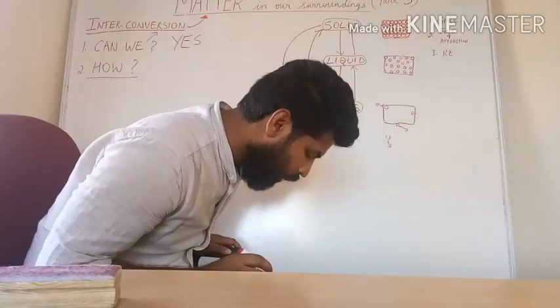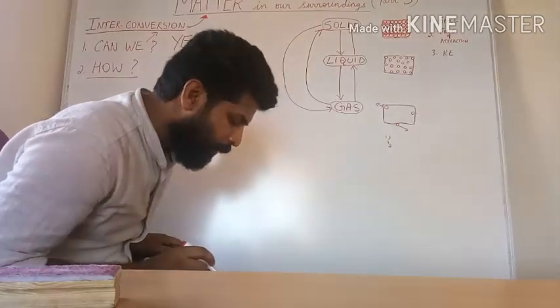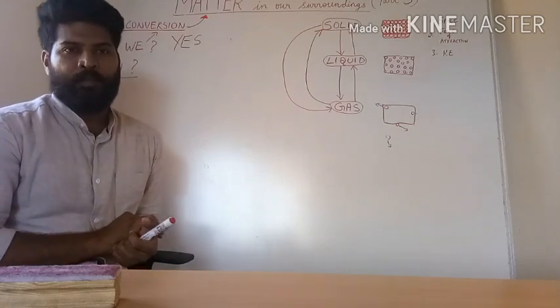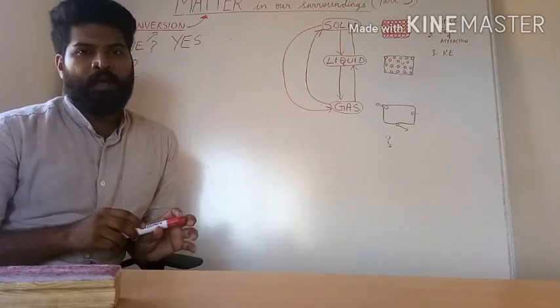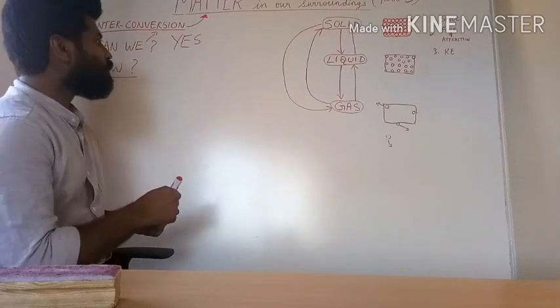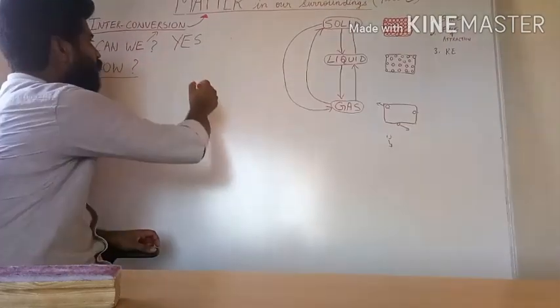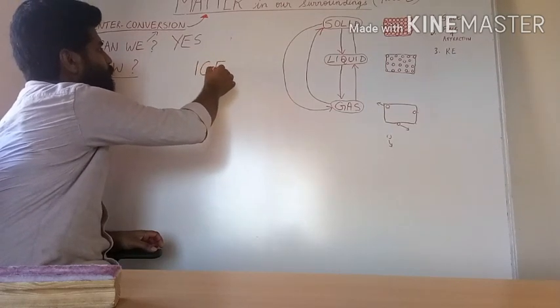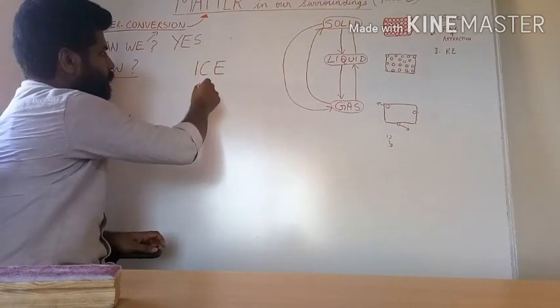So how can we do that? How can we increase the kinetic energy? Let me begin with a very simple example. We know that water can exist in all 3 states of matter. In the solid state, water is present as ice.